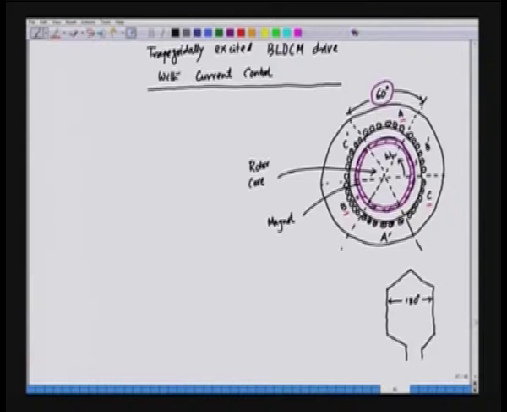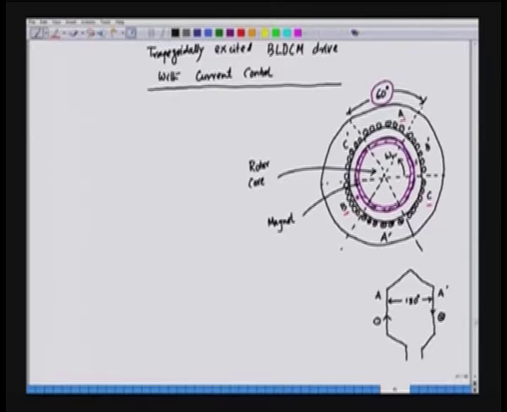So, if it is one turn of winding A, this side will be lying under A and this side under A prime. If A is carrying current coming out of the plane, A prime will be carrying current which is downward, so this is the dot current and this one is the cross current.